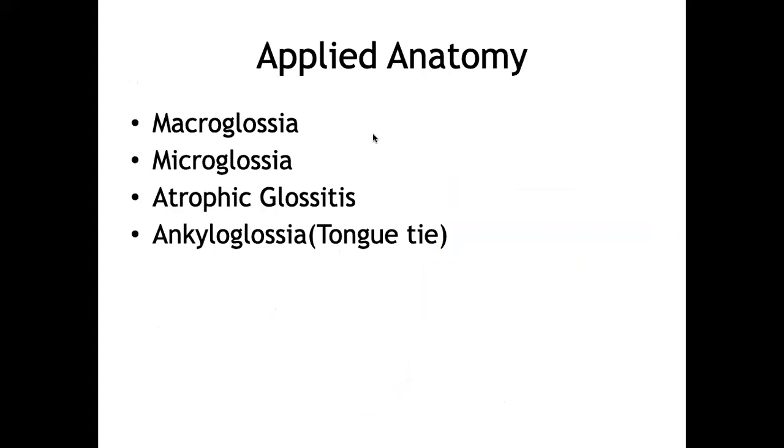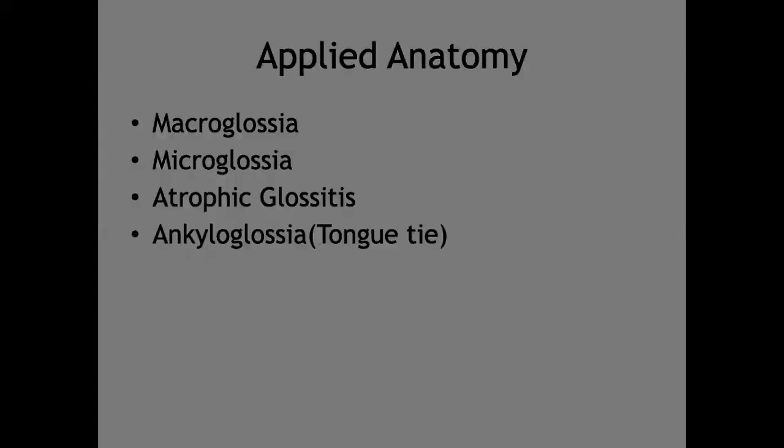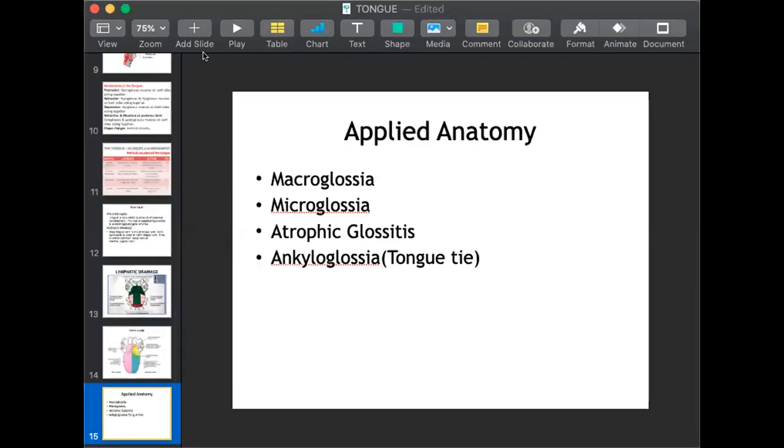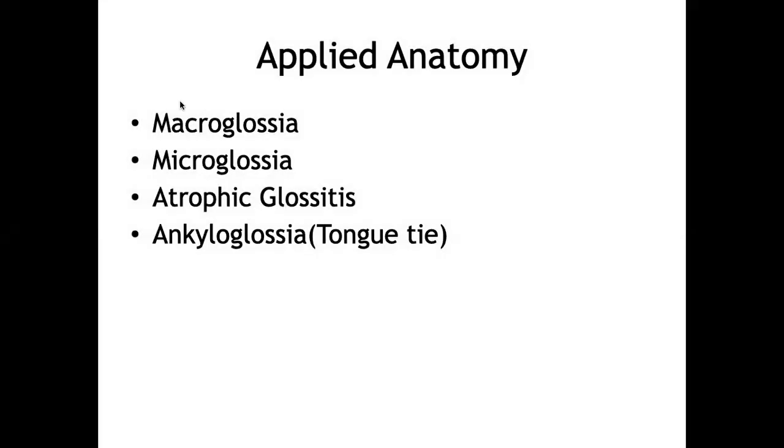So some of the important applied aspects are macroglossia, microglossia, atrophic glossitis and ankyloglossia. Okay, what is macroglossia? Macroglossia is a big tongue, larger than the normal tongue size.